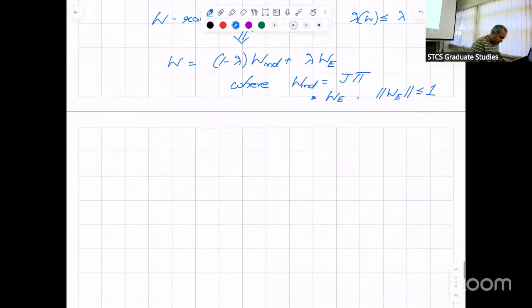Because of this, let's first understand G Z H, the random walk.